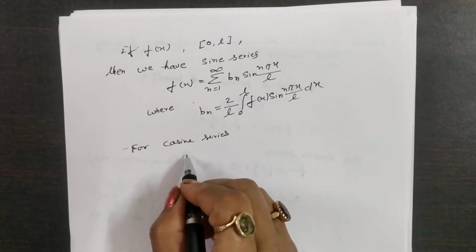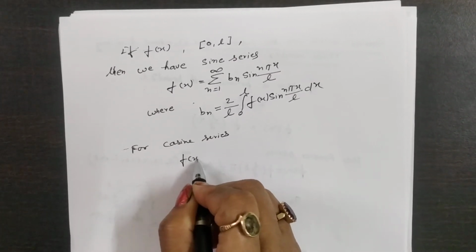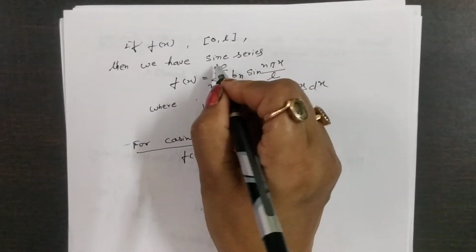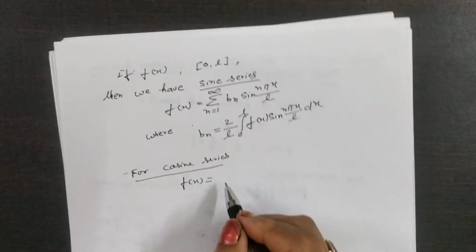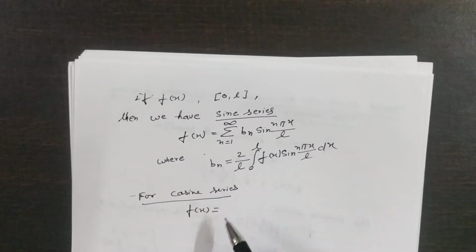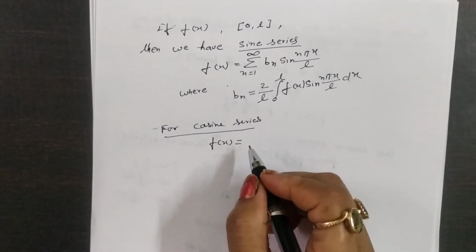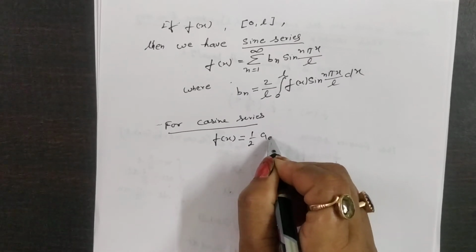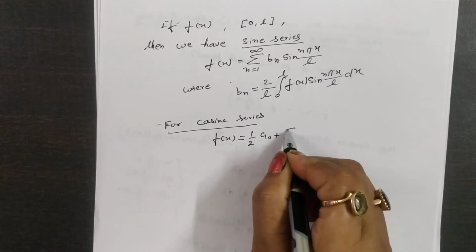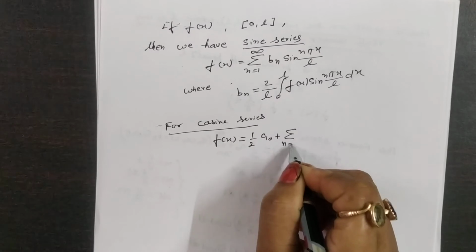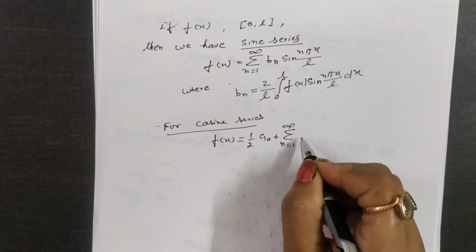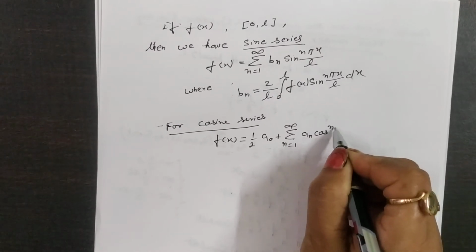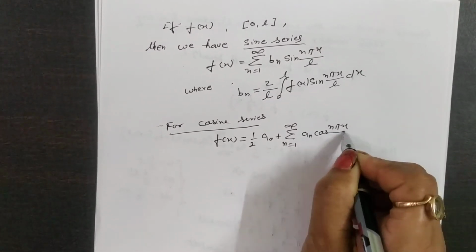Then f of x, you have proved earlier, for the cosine series is half a0 plus sigma n varying from 1 to infinity an cos n pi x by L.